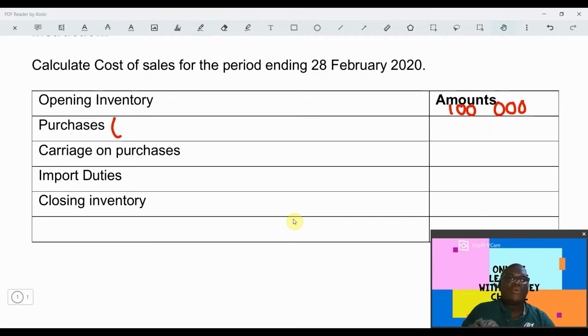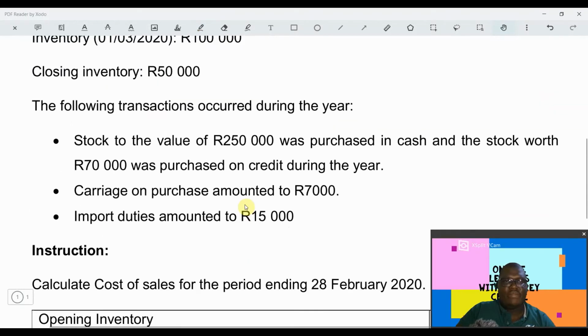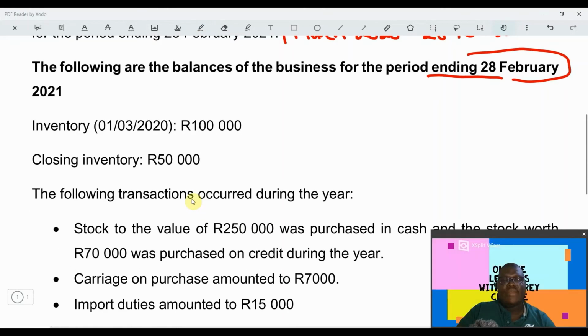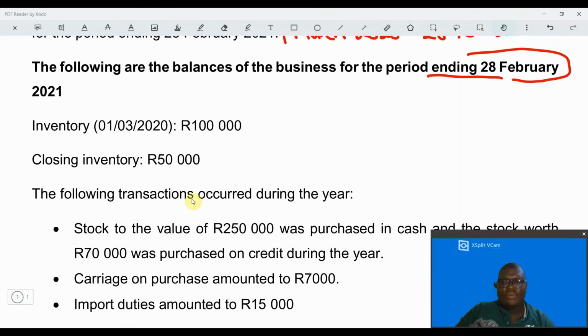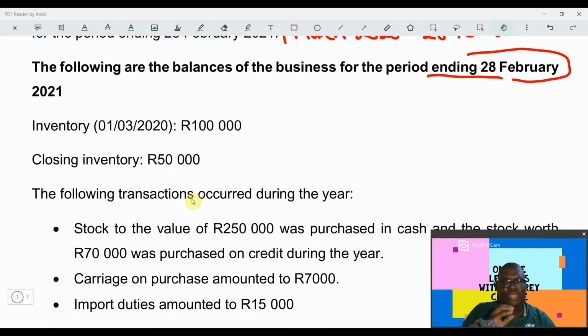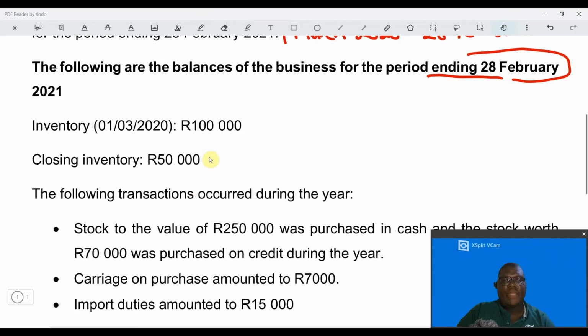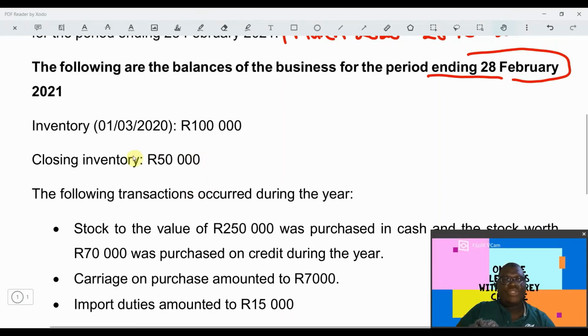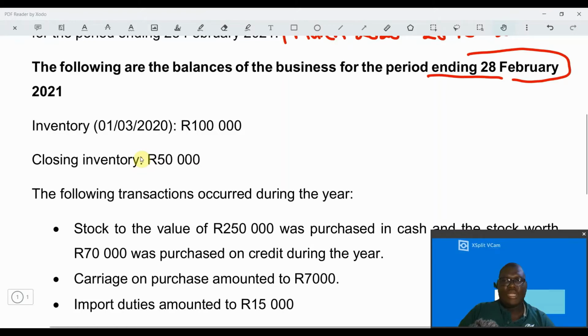We were also given the closing inventory. We were told that the closing inventory is 50,000, which means this is the stock that was remaining at the end of the year. So what we need to do is take this closing inventory to the calculation that we have.